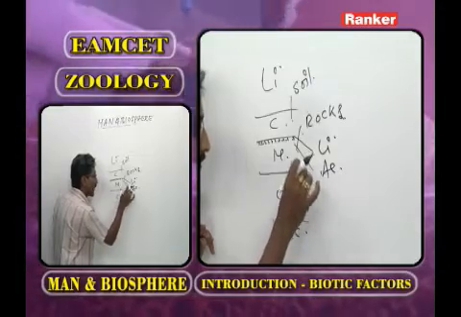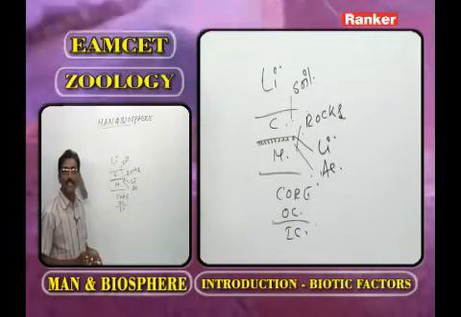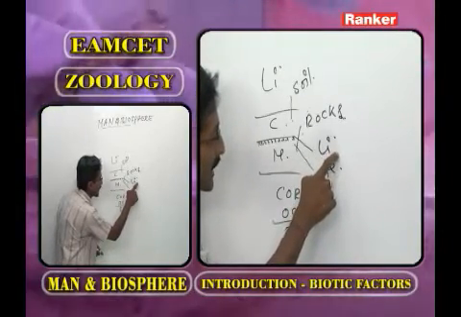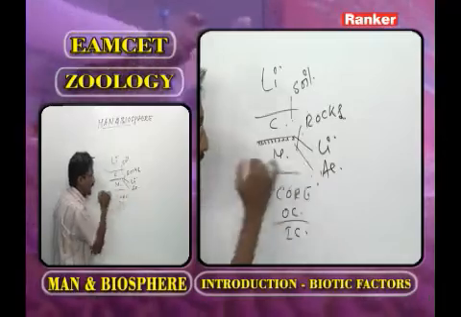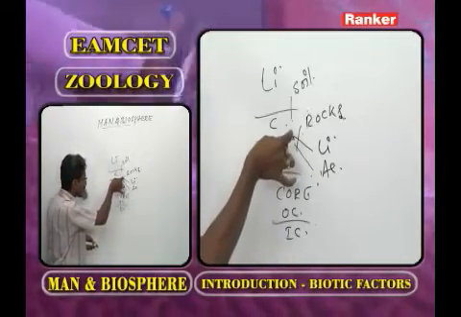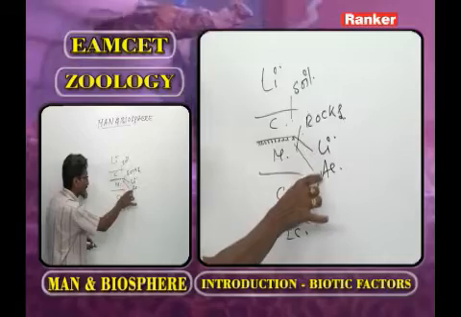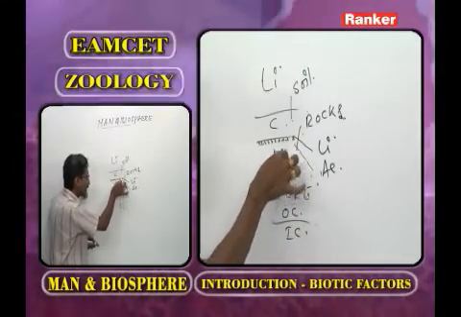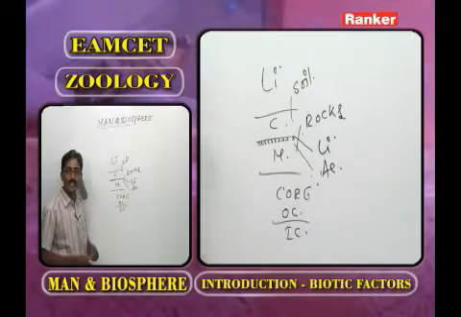Asthenosphere is formed by a process called convection. Lithosphere is formed by conduction, asthenosphere is formed by convection.